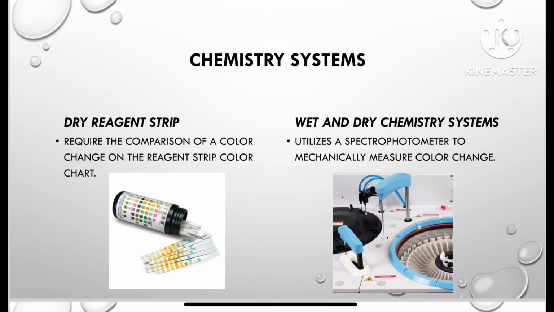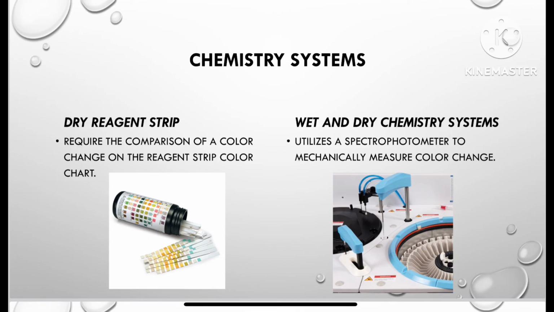The dry reagent strip method is commonly done in the chemical examination for urine in the clinical microscopy section. While for the wet and dry chemistry systems, most of our automation has already employed these types of system.